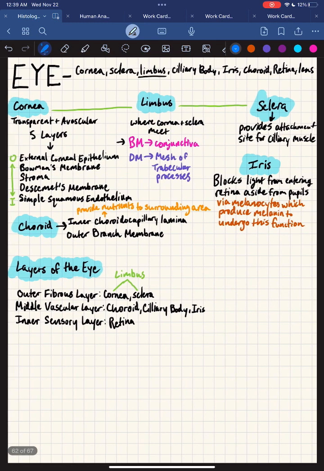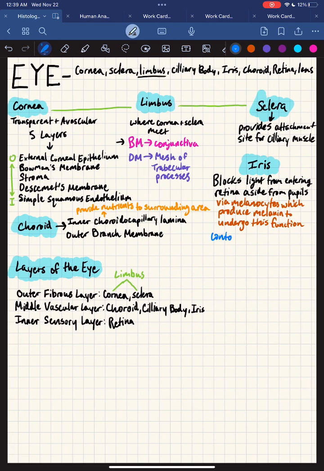So it contains sphincter plus dilator muscles to open, close, iris. Cool.